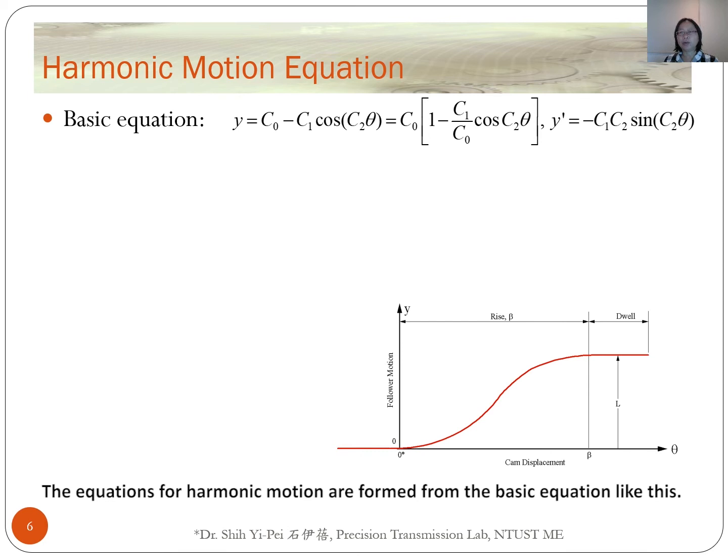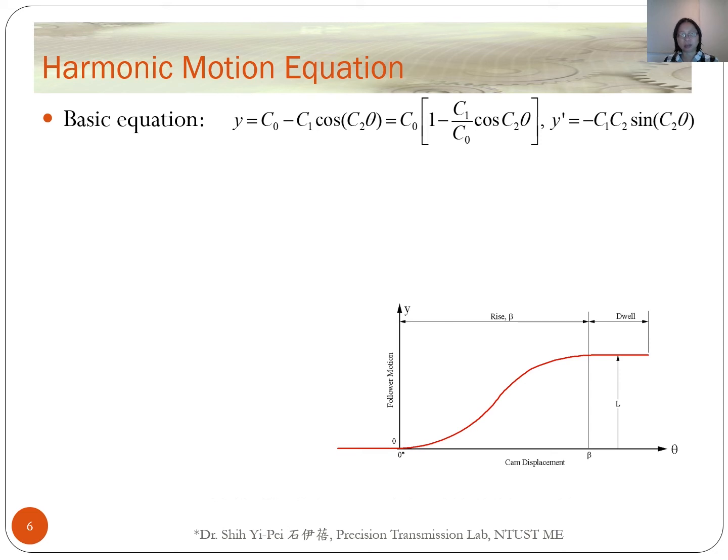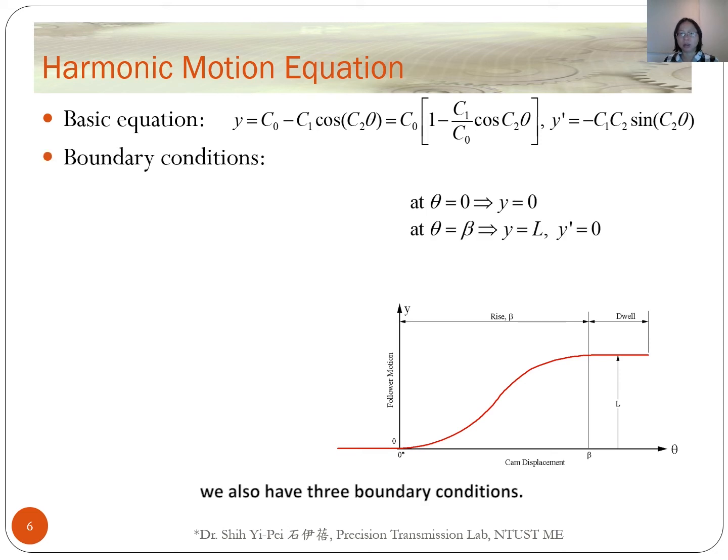The equations for harmonic motion are found from the basic equation like this. We have three constants, C0, C1, and C2, that need to be figured out. We also have three boundary conditions.